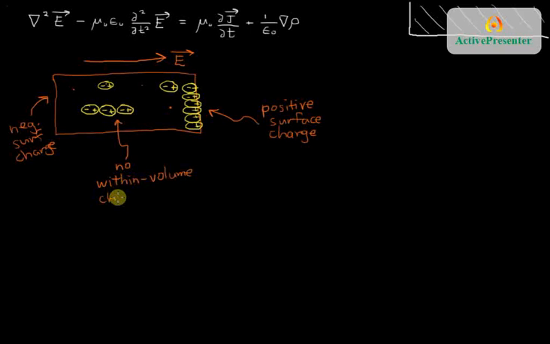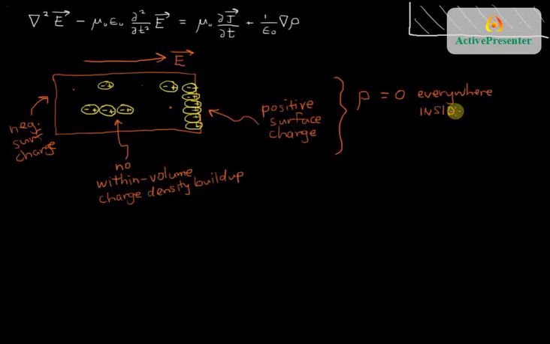So there's no within-volume charge density buildup. And that means, the upshot of that, that rho, the charge density, equals 0, and that's true everywhere INSIDE. I'm writing inside in capitals to emphasize that it's not necessarily true at the boundaries. At the boundaries, there is a net charge buildup. There's a surface charge building up here and an opposite sign surface charge building up here.